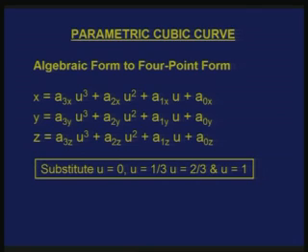Whenever I give the second point through which the curve is passing, I will substitute u equal to 1 by 3. For the third point, I will put the u value 2 by 3, and for the end point where the curve terminates, I give u equal to 1, and then I will be able to solve.